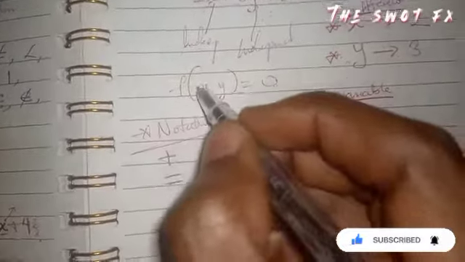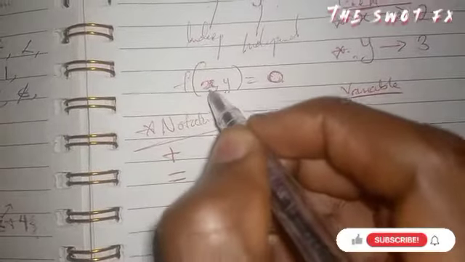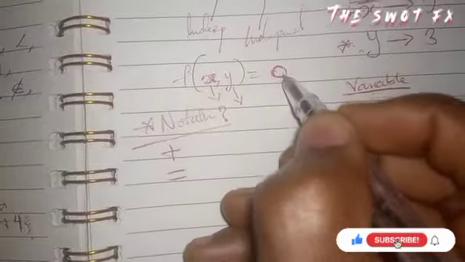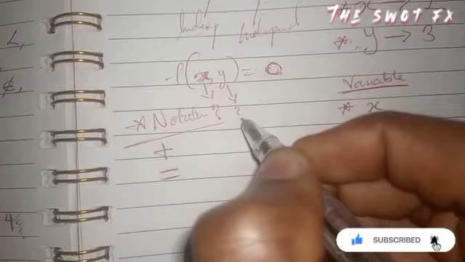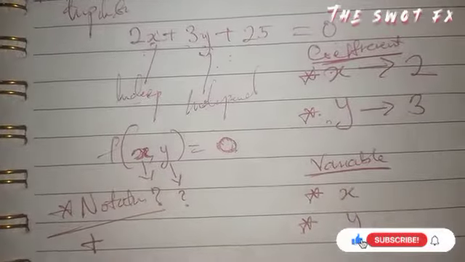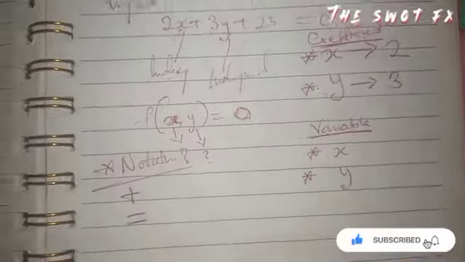So for us to have a 0, x must have a particular value. For us to have 0, y must also have a particular value. So that's just implicit function. You don't need to dwell much on it, just understand the form in which implicit function can come in. That's just it.